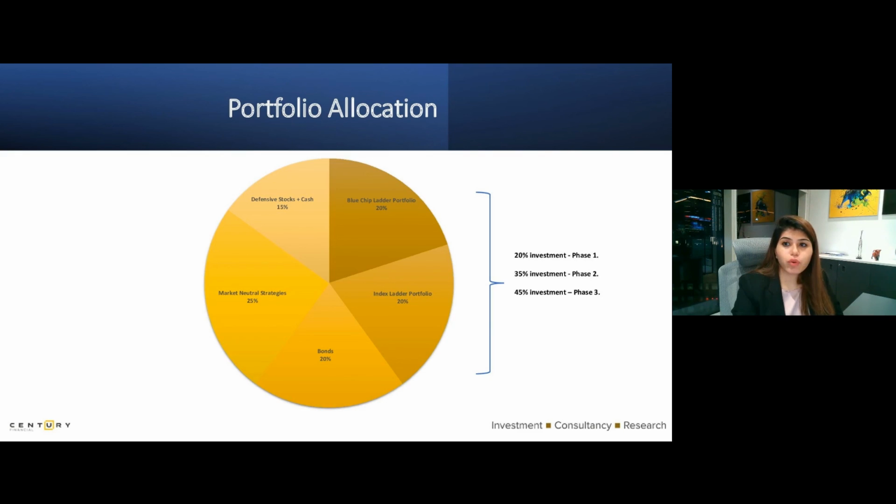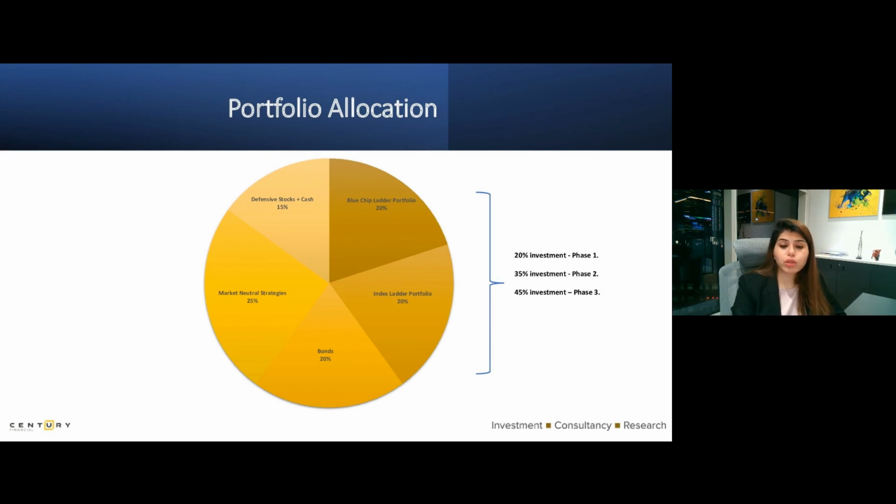This can be a portfolio allocation that can be considered, wherein you're focusing almost 40% on blue chip index and ladder portfolio. And understand that in the first phase, you're investing only 20 to 25%. So the remaining 40-50% will be lying as cash, and you would be investing only in phases.